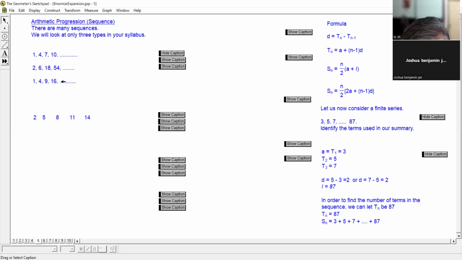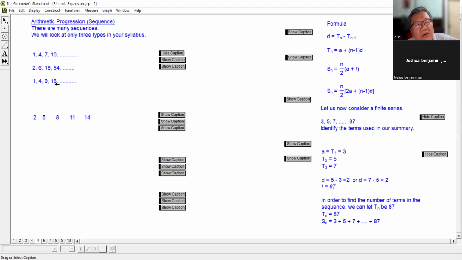What is the next number? One is actually 1 square. You know square? Power of 2. This one is actually 2 square. This one is how many square? 3 square.